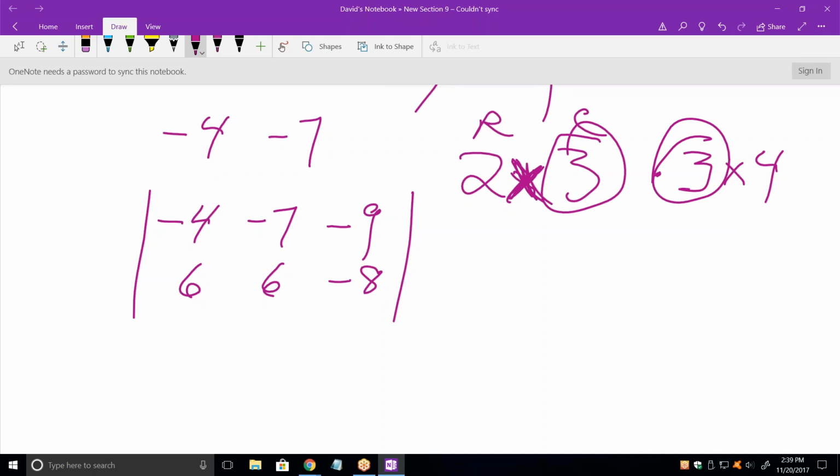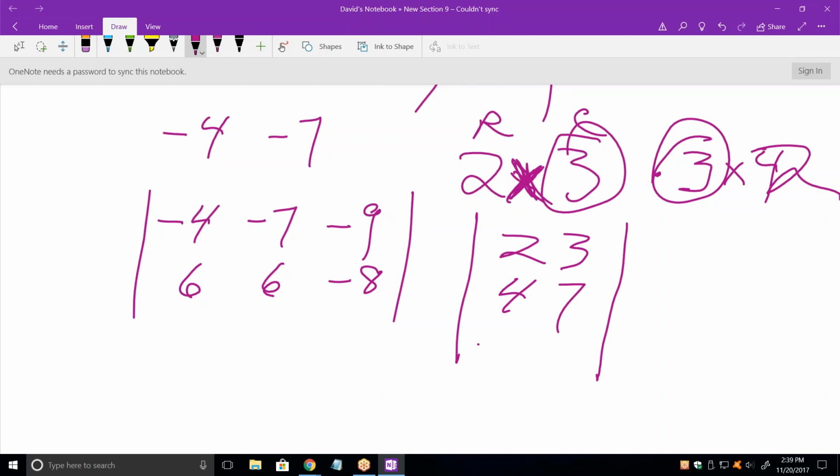And the way multiplication is done, let's multiply it by 3 by 2. In other words, if I have that, okay, this one is a 2 by 3.